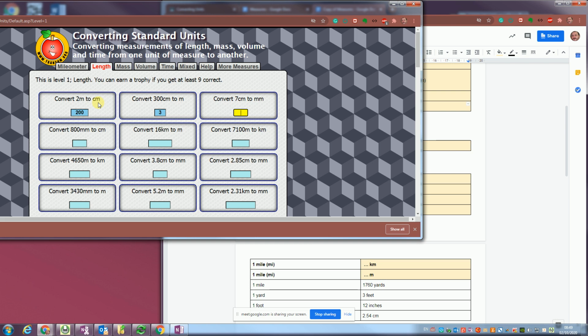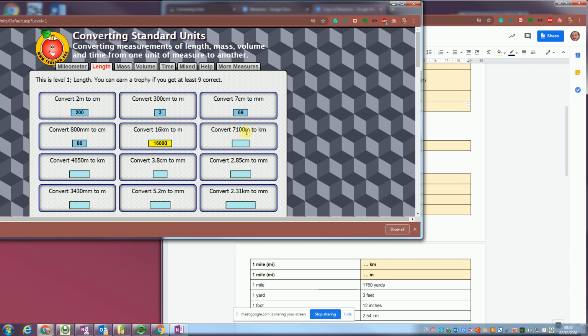There are 10 millimetres in a centimetre, because it's converting from thousands to hundreds, so we need 10 of them, so that's 70. That one's going to be 80 centimetres. Kilometres to metres, well, we need 1,000 of them, so it's 16,000.